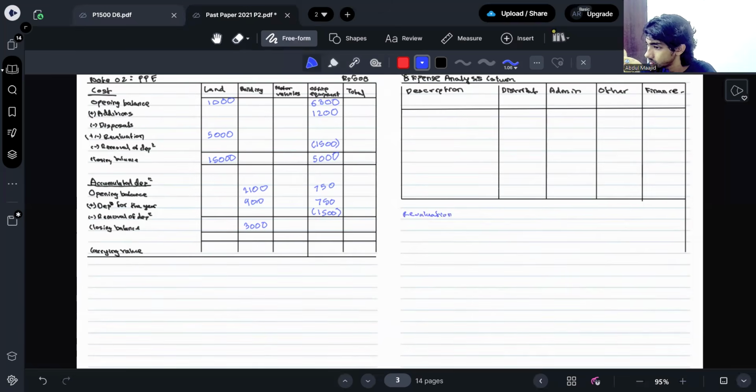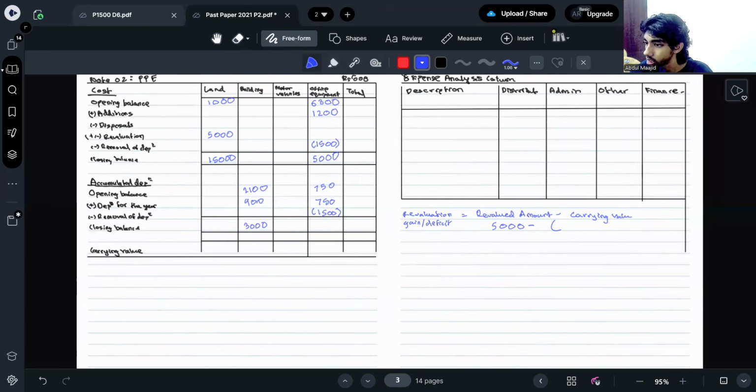Revaluation gain or deficit equals revalued amount minus carrying value. The revalued amount of office equipment is 5 million. The carrying amount of it is, so here we have the total cost is 7,500. 6,300 opening balance.